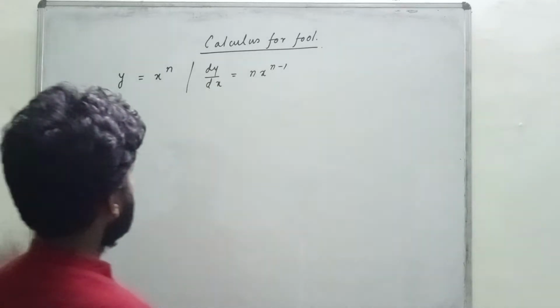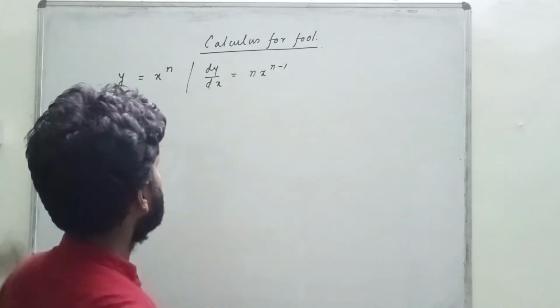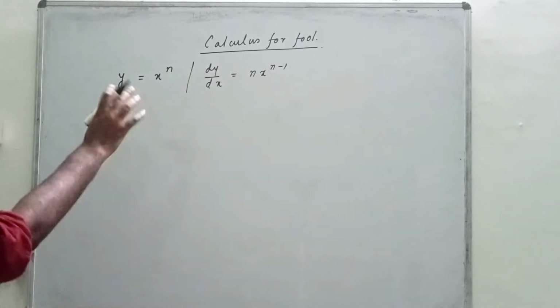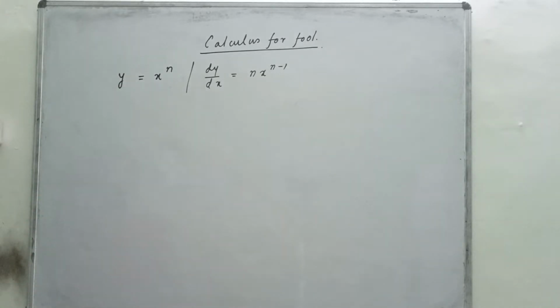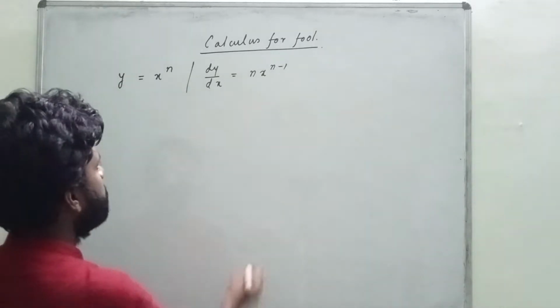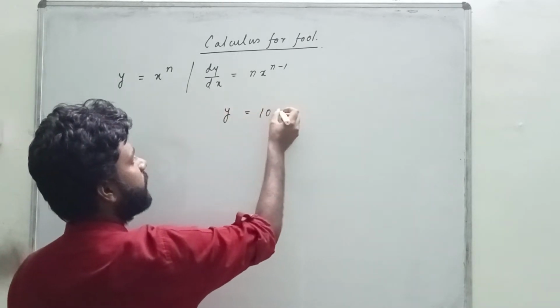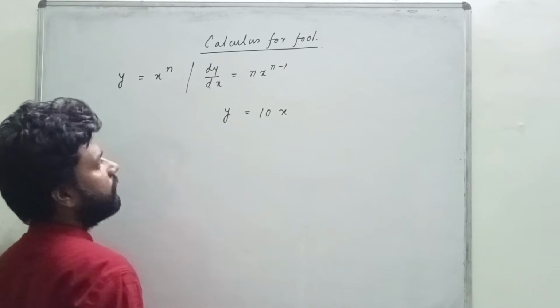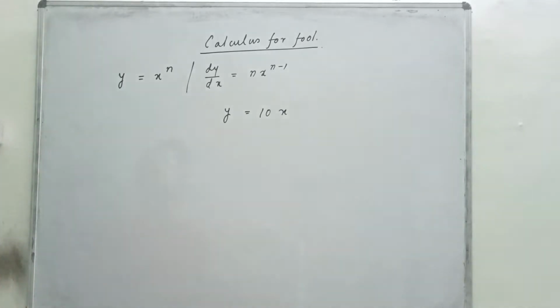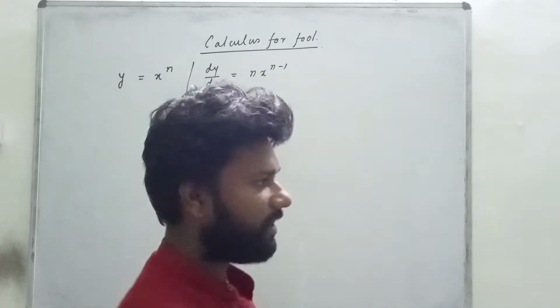Now today we'll proceed from this. So if y equals 10x, then what will be the values of dy over dx, right?